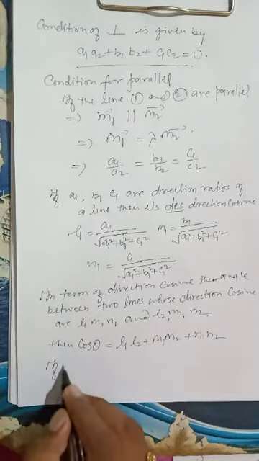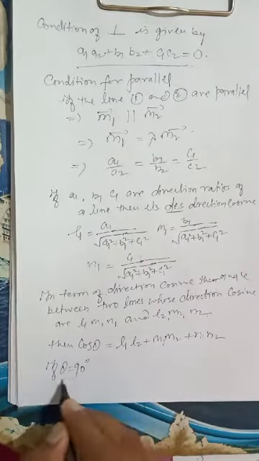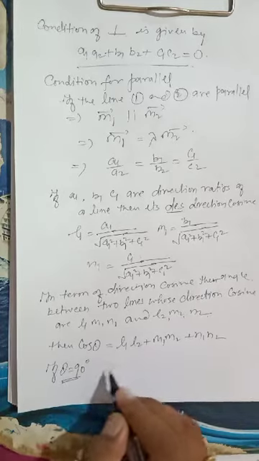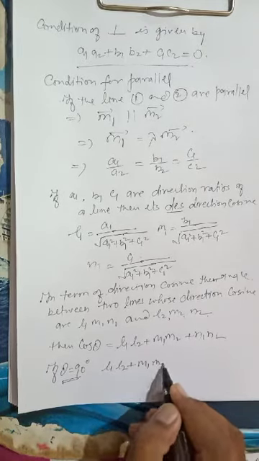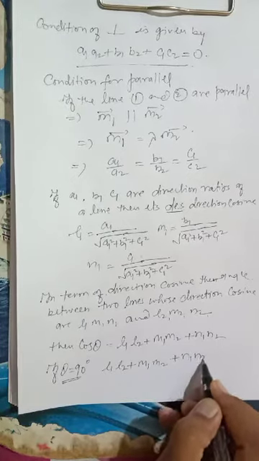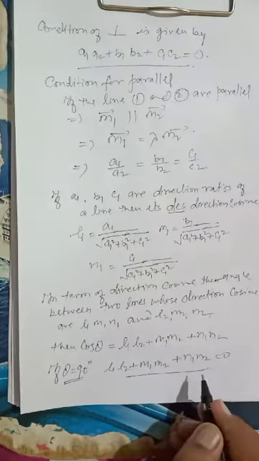And if theta is equal to 90 degrees, meaning the lines are perpendicular, then l1 l2 plus m1 m2 plus n1 n2 is equal to 0. Clear?